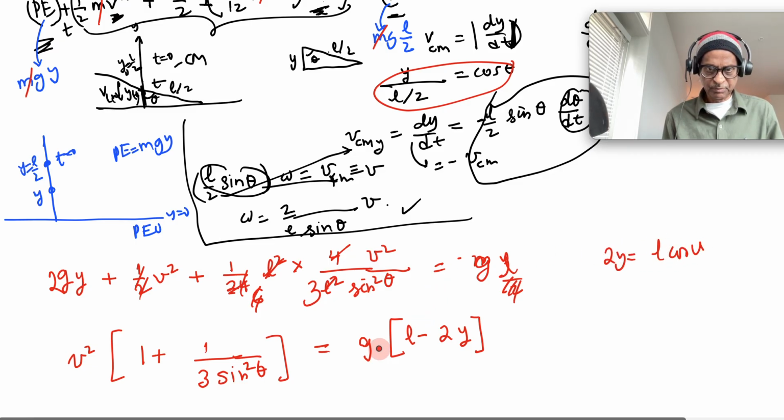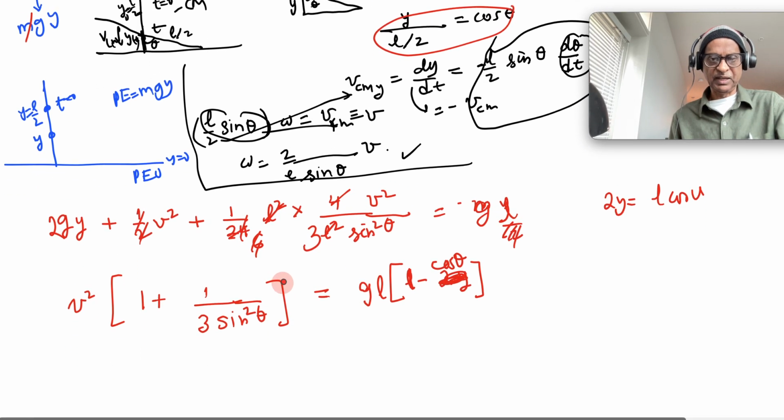So I can make it gL times 1 minus cosine theta, so everything is in terms of angle.